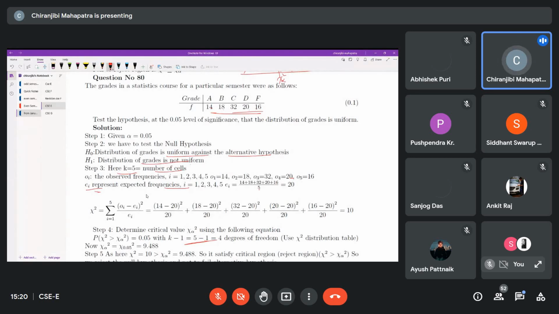Okay, so if all got the same mark, then all of them must equal 20. So this is the expected frequency. So (OI minus EI) whole square divided by EI. Okay, so do it for all the numbers.